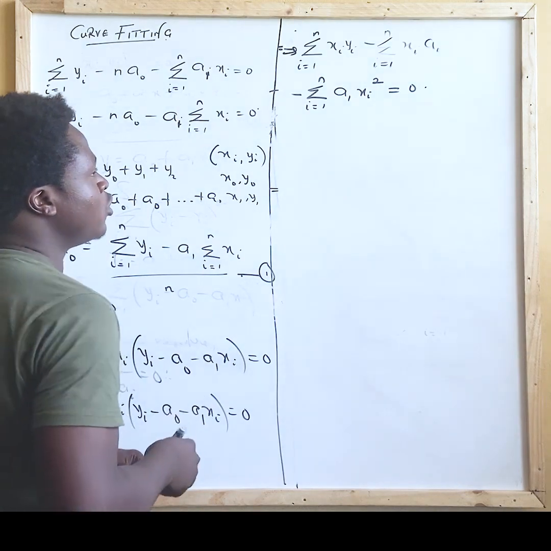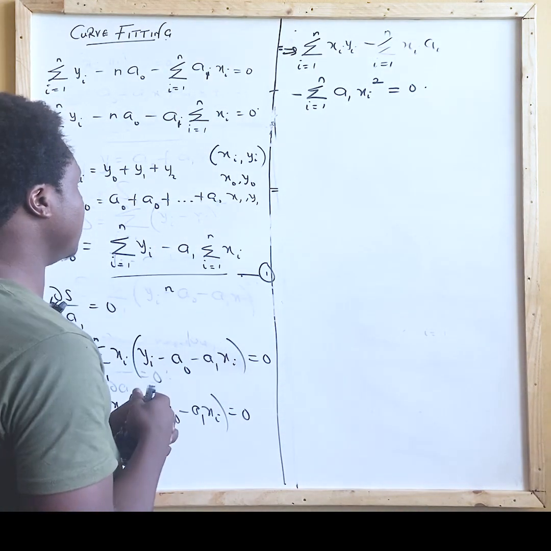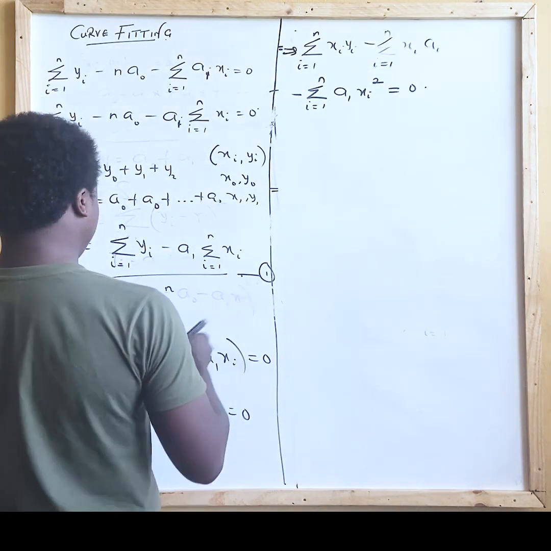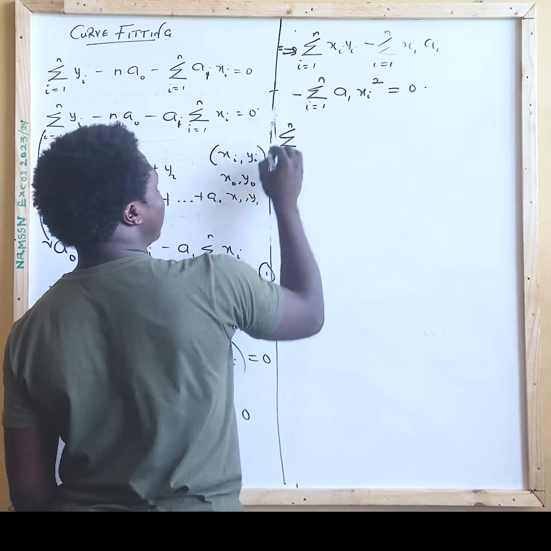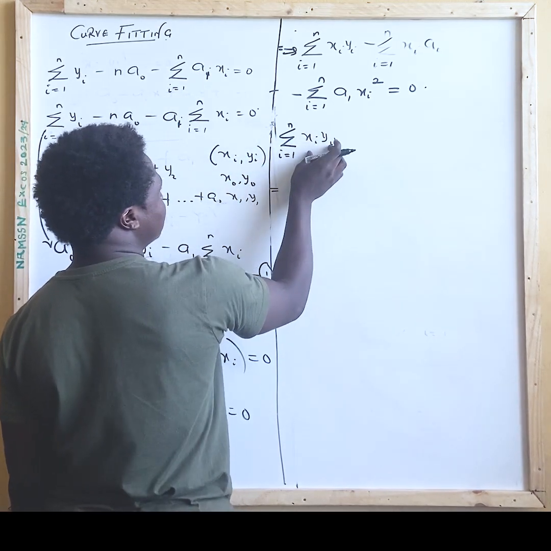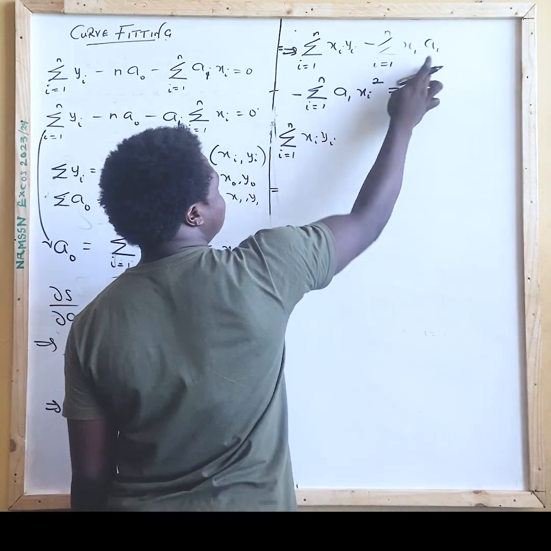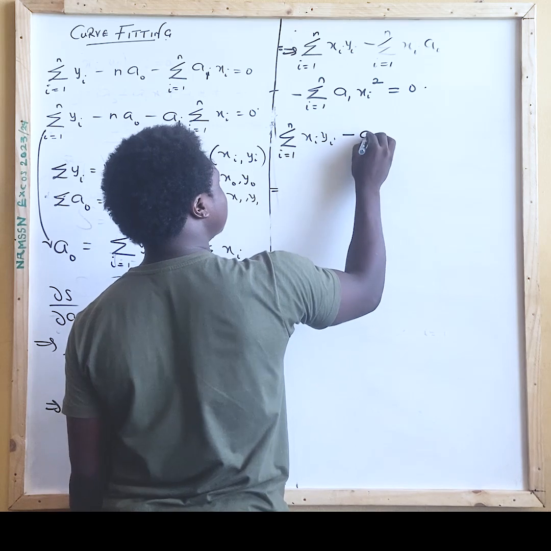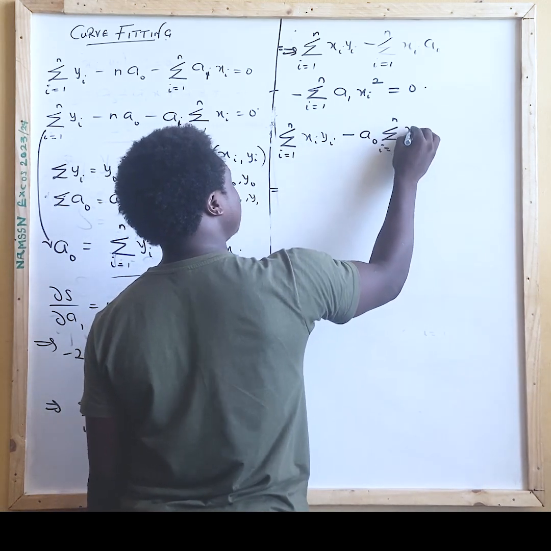Don't forget the goal is to get a naught and a1 in this place. So again, we can have our summation i from 1 to n xi yi staying, because our i is the counter, so it can't come out of the summation. Here our a naught can go away, so we have this to be minus a naught summation i from 1 to n xi.